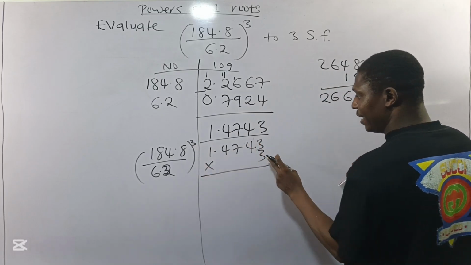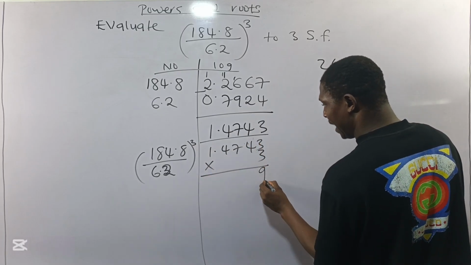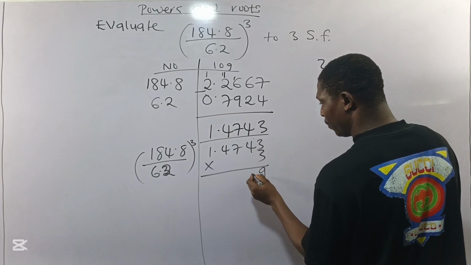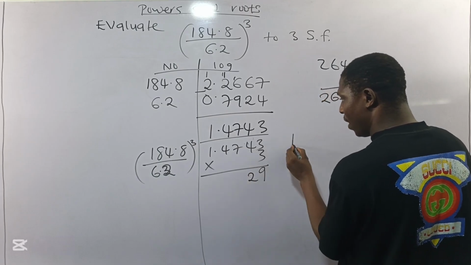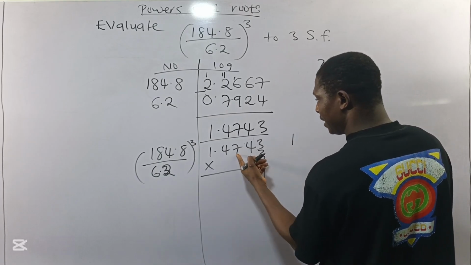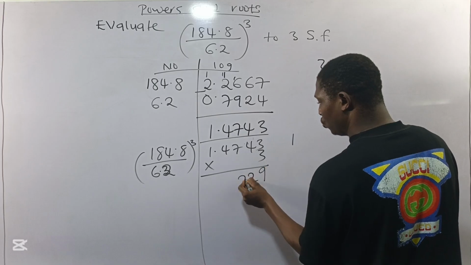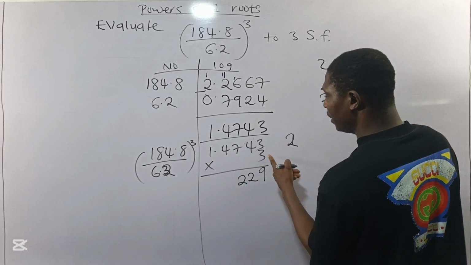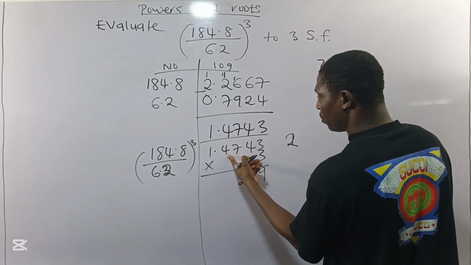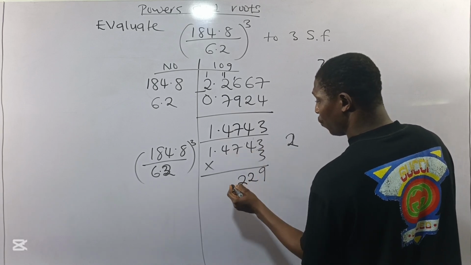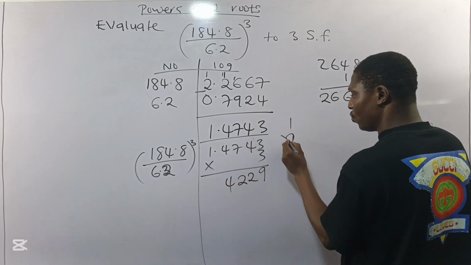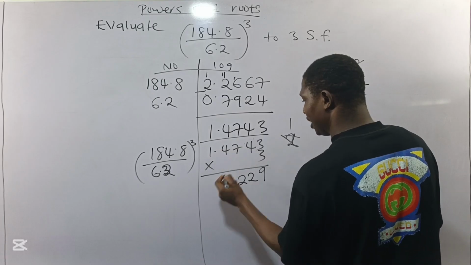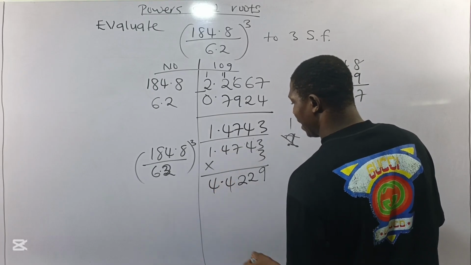Power is to multiply. 3 times 3 is what? 9. 3 times 4, 12. 2, carry what? 1. 3 times 7, 21 plus 1, 22, 2. Carry what? 2. 3 times 4, 12, plus 2, 14, 4, carry what? 1. 3 times 1, 3 plus that 1, 4. So I put my decimal what?